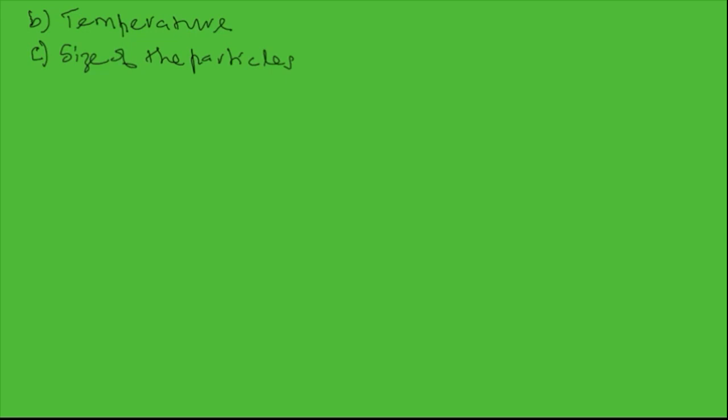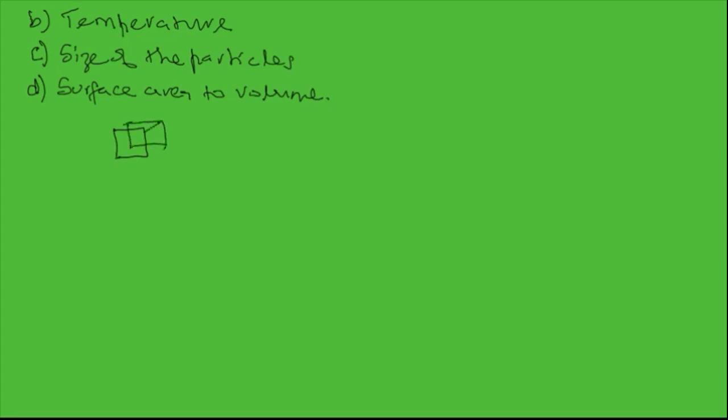Surface area to volume ratio, whereby the higher the surface area to volume ratio, the greater the rate of diffusion. Now we can illustrate this relationship using two cubes of different volumes. We have cube A, of 1 by 1 by 1 centimeter dimension.